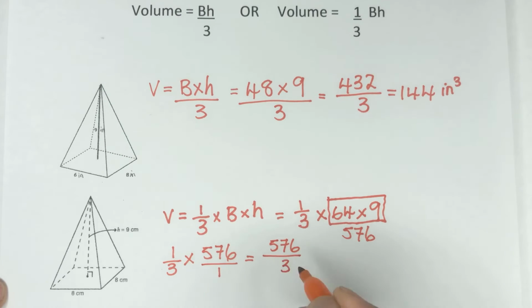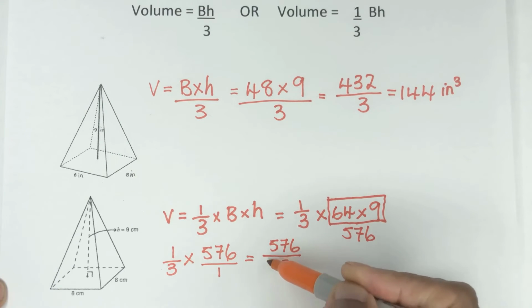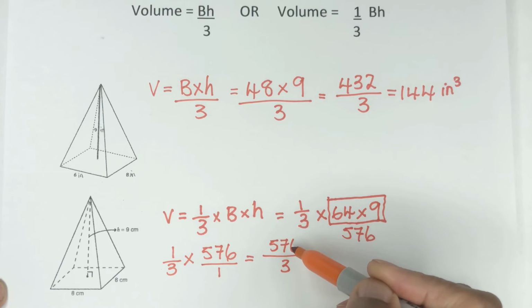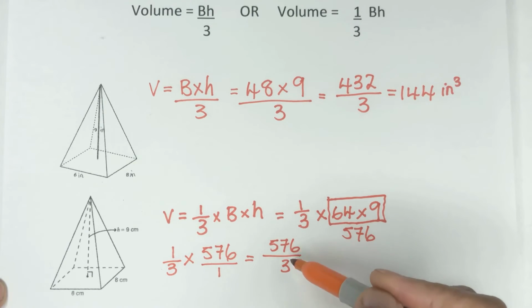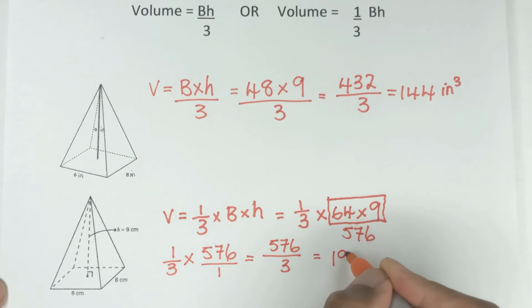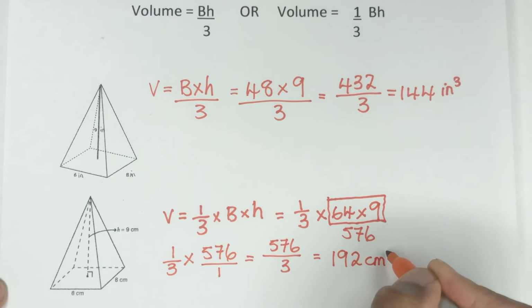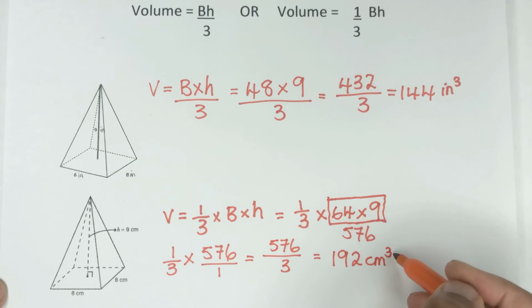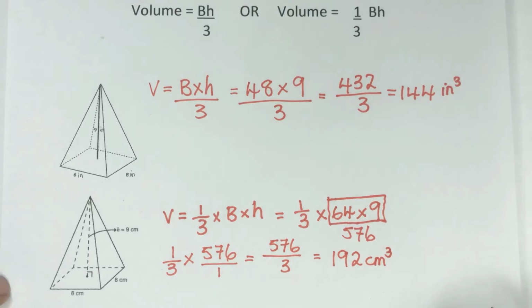How many times does 3 go into 576? Or 576 divided by 3, and that gives us an answer of 192 cubic centimeters. And remember, we use that exponent of 3 there because the shape is 3-dimensional.